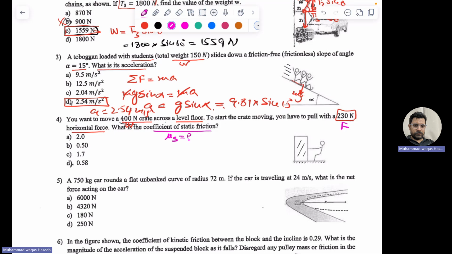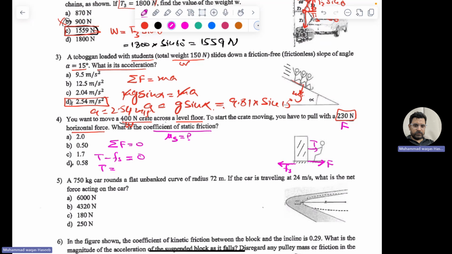You are pushing with this force, and the static friction force is opposite to it. In the equilibrium condition, the sum of all forces equals 0, so the tension T is in the positive direction and the static friction in the negative direction.